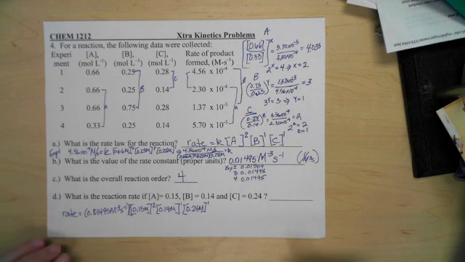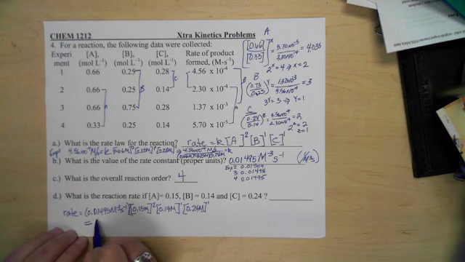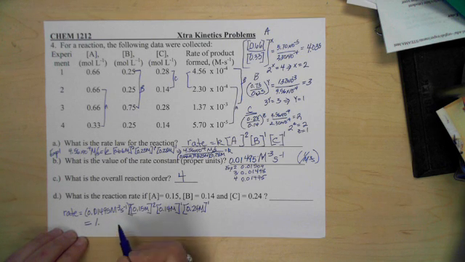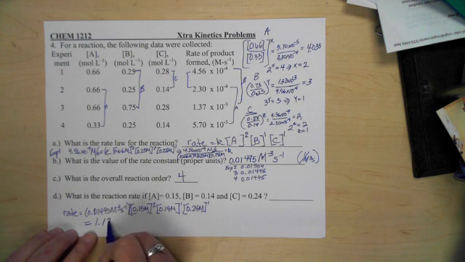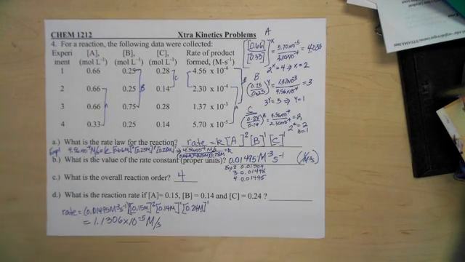So we do our math and we end up with the rate is equal to 1.1306 times 10 to the minus 5th molarity per second.